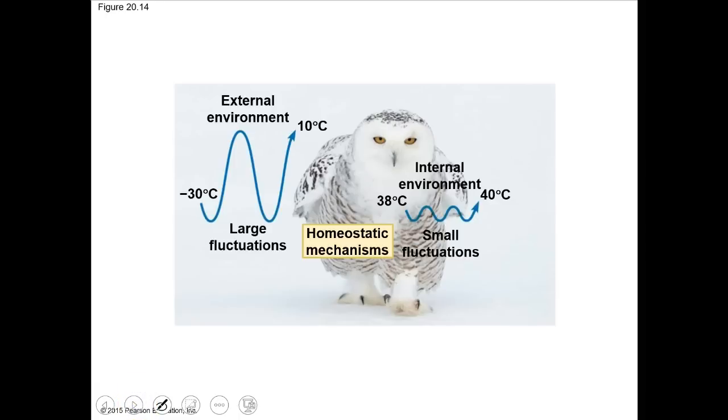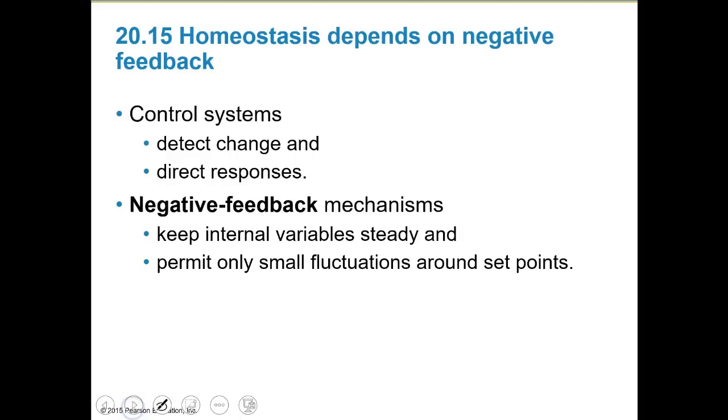Okay, so here's an example with this particular bird, this owl. Its internal temperature is maybe between 38 and 40 degrees Celsius, although there are huge fluctuations in the external environment. There are small fluctuations within its body, so that's homeostasis. Okay, the control systems are negative feedback.